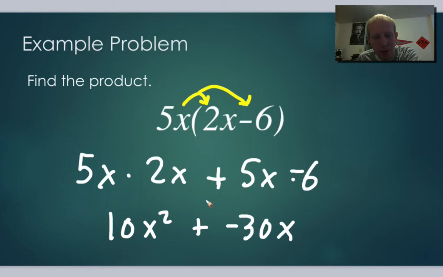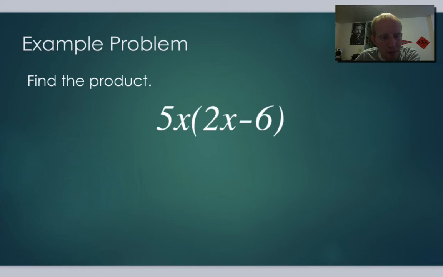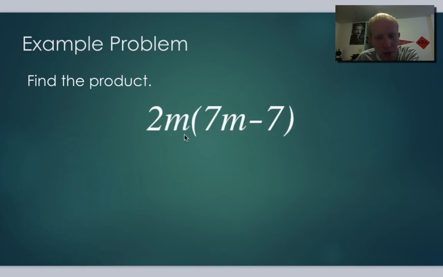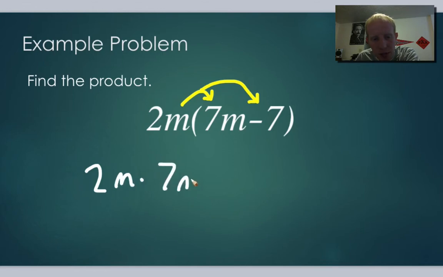Let's try one more to make sure we got this down. So 2m times 7m minus 7. Again, we're going to distribute that through. So we get 2m times 7m and 2m times negative 7. So we're going to get 2m times 7m plus 2m times negative 7.